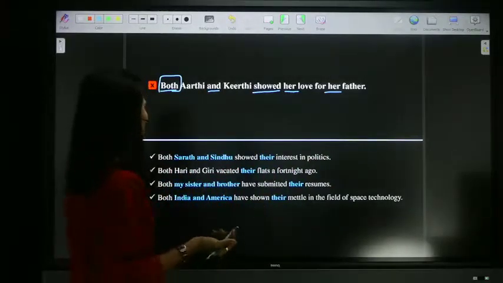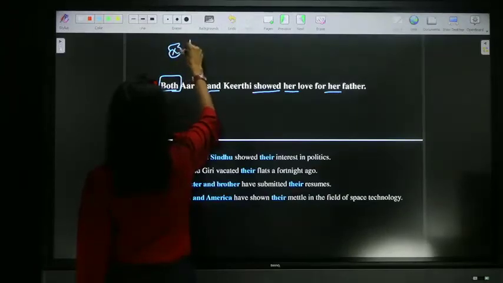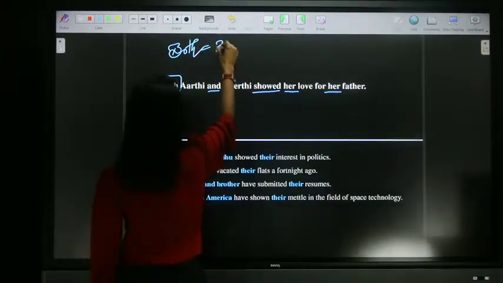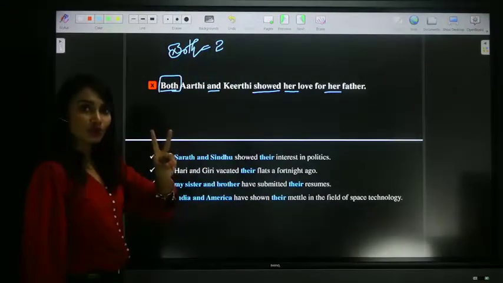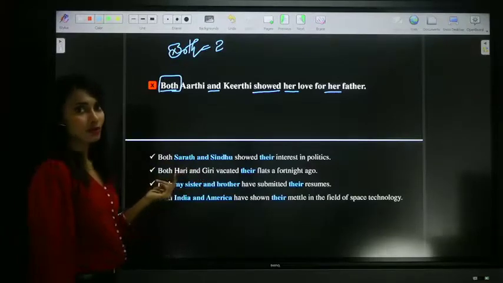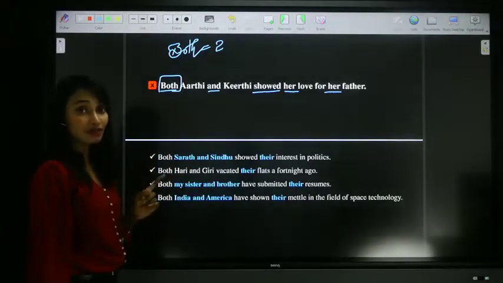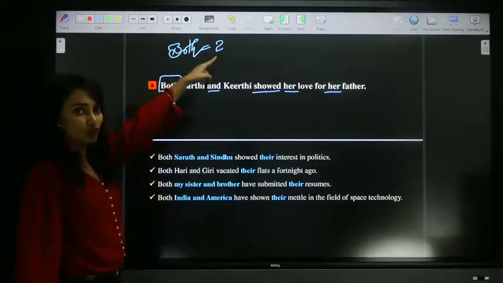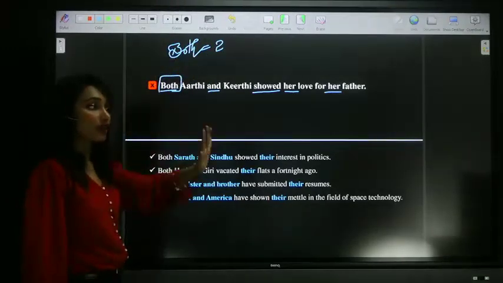Why? Because what do you mean by both? Both means two. So that means the subject indicates two. Two is plural. So remember, even though it is a correlative conjunction pair, it will not follow the principle of proximity, for the very reason that both means two. Two is plural. So the verb and the pronoun must always be plural.